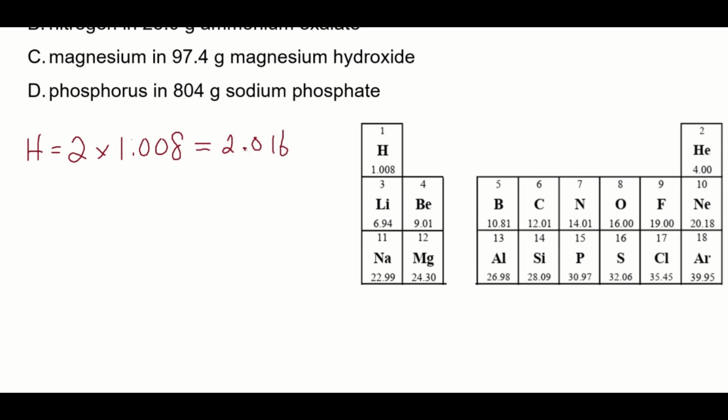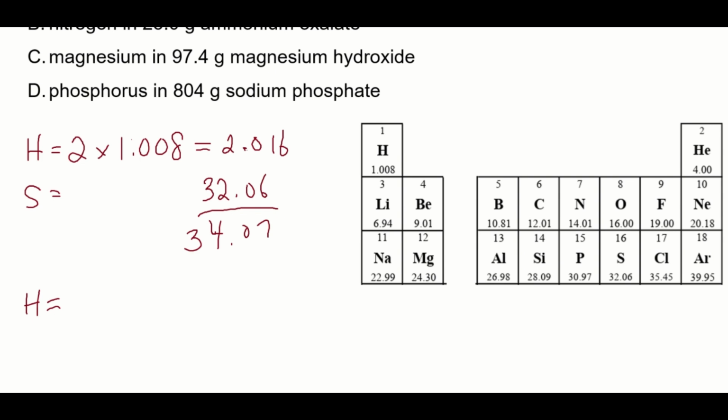So the hydrogen component is going to be 2.016, and then the one sulfur, 32.06. So the total mass of the compound is 34.07.